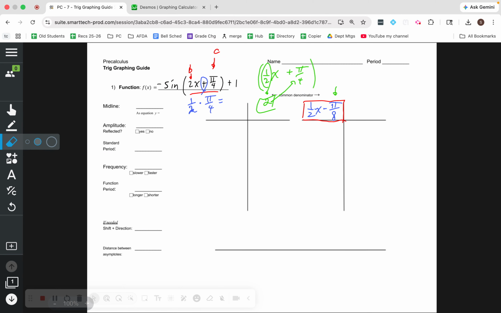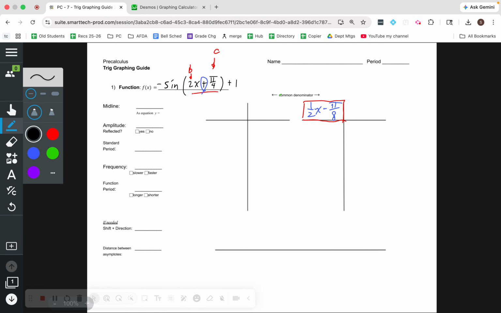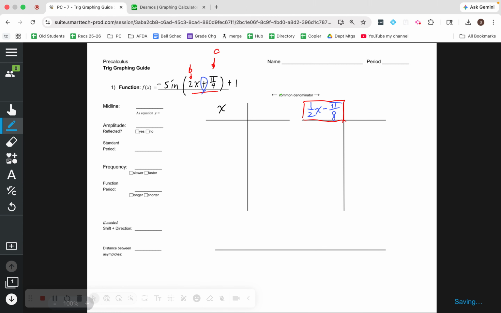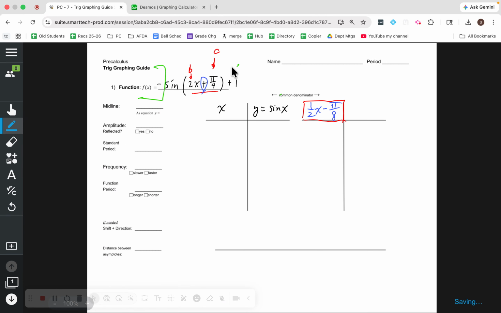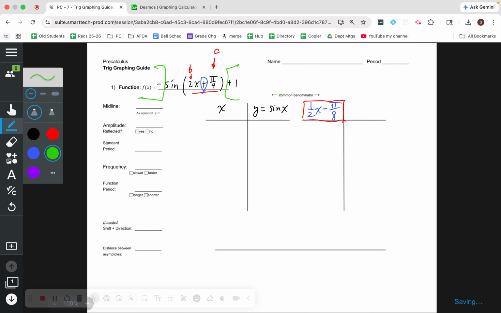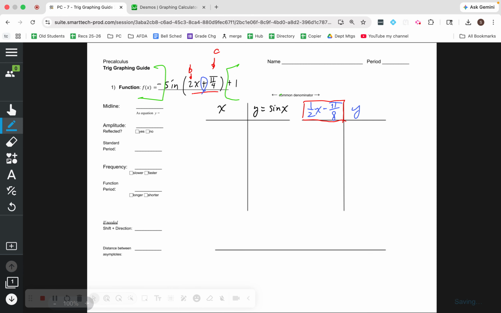So let's fill out the tables. Oh, and by the way, on the y transformation, we're not seeing anything out here, but we just see a +1 here. And so on the y side transform, we're going to just say y equals 1.